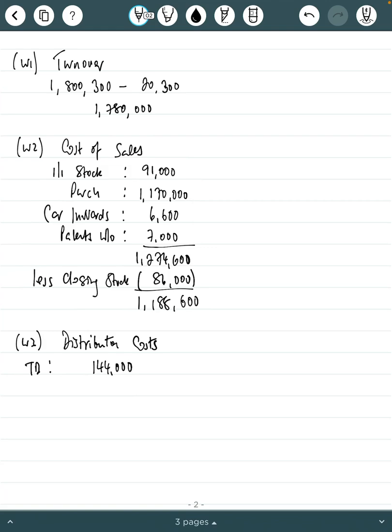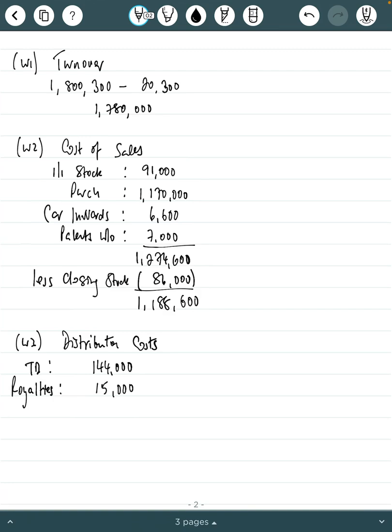Now let's have a look at our notes, and we can see there, with regards to royalties, it says include in distribution cost the receipt of 15,000 for patent royalties. Now, just like discount received, it's exactly how you treat royalties. Royalties is a credit entry that's in the debit side, therefore we must add it back on.